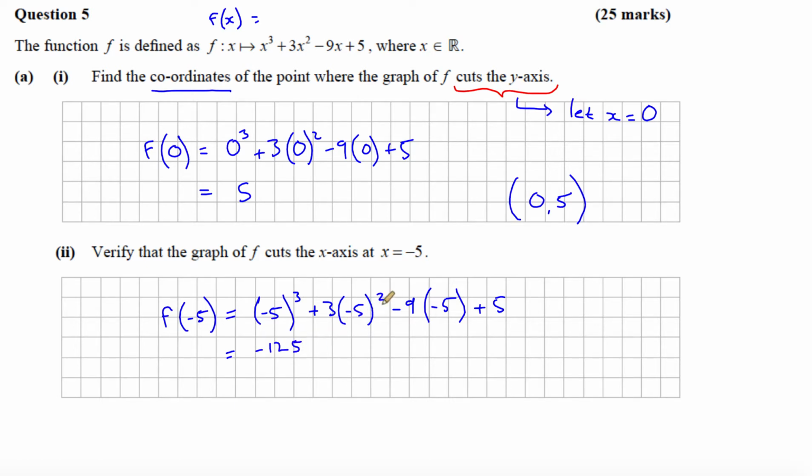And 3 by minus 5 squared, this is 75. Plus 45 minus 9 by minus 5 plus 5. So that gives me minus 50, and then over here plus 50, which is 0. So there we verified that it cuts the x-axis at x equals minus 5 because f of minus 5 gives 0.